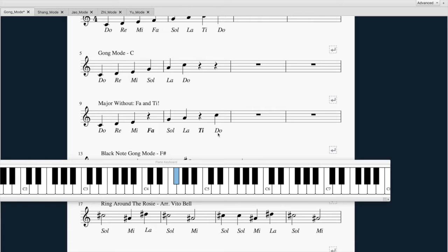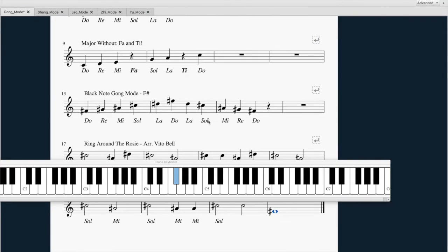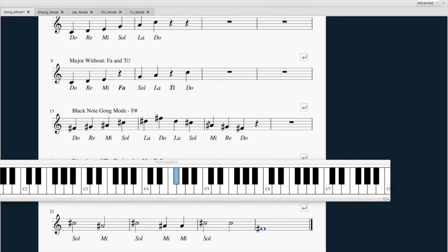You can take screenshots of this, or you can write it out on your own, and it's a really great way to have it on paper and to be able to visualize it in your mind's eye when you memorize these. One really awesome way to think about Gong Mode is just starting on the black key F sharp, and playing all of the black keys up a full octave and down a full octave, and that gives you the scale.